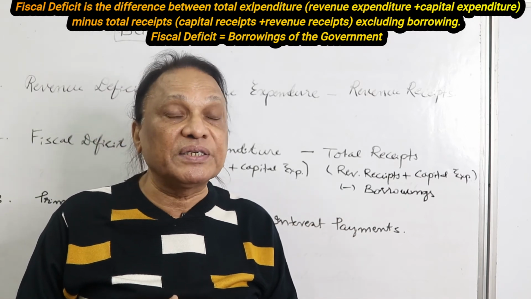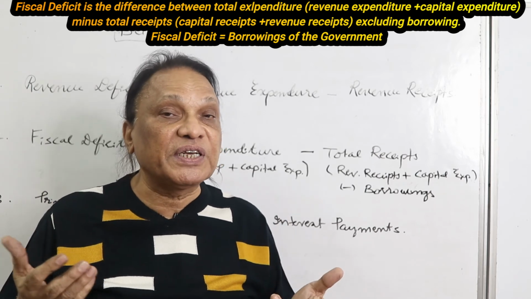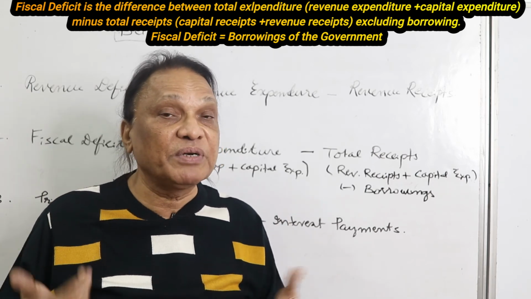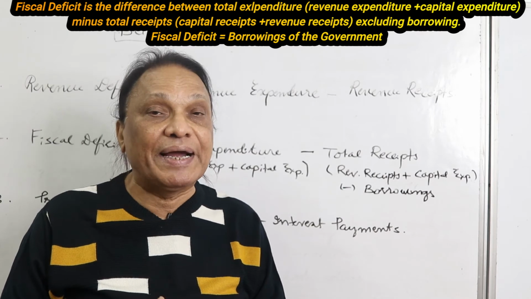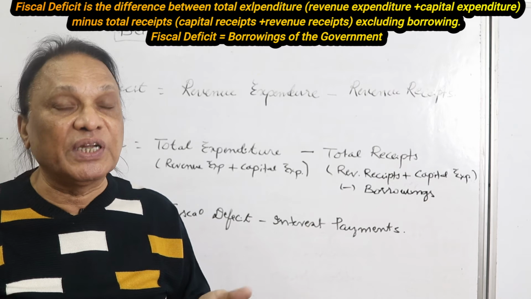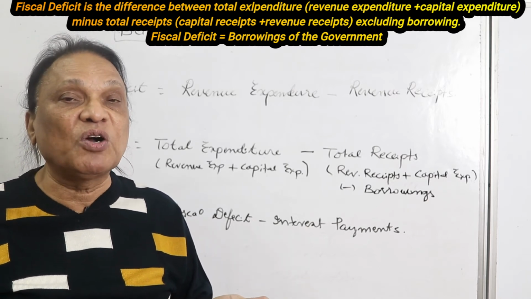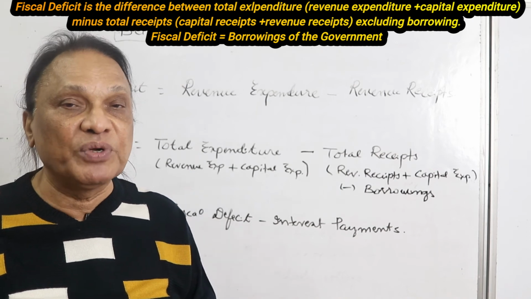That makes the country dependent on other countries. If the fiscal deficit is high, the government will be caught in the vicious circle of a debt trap. You don't have to learn all this, just remember the formula. Fiscal deficit is nothing but borrowings. Fiscal deficit is the total expenditure of the government minus total receipts excluding borrowings.